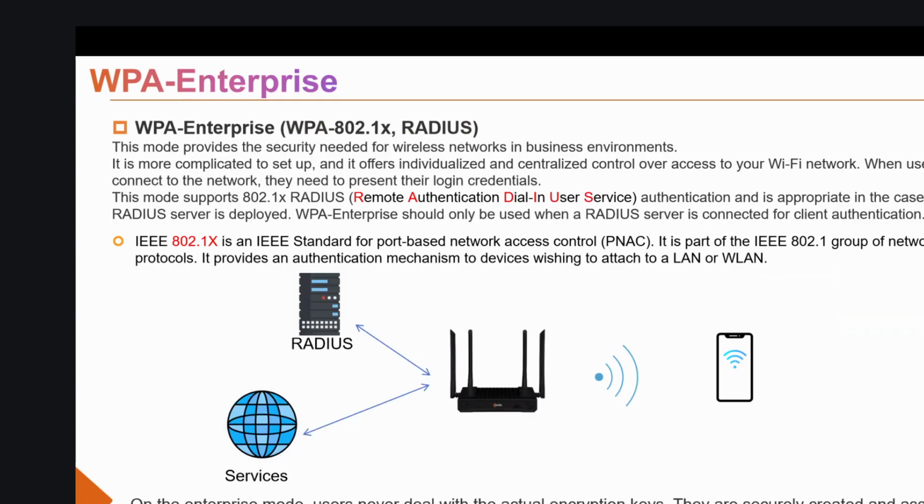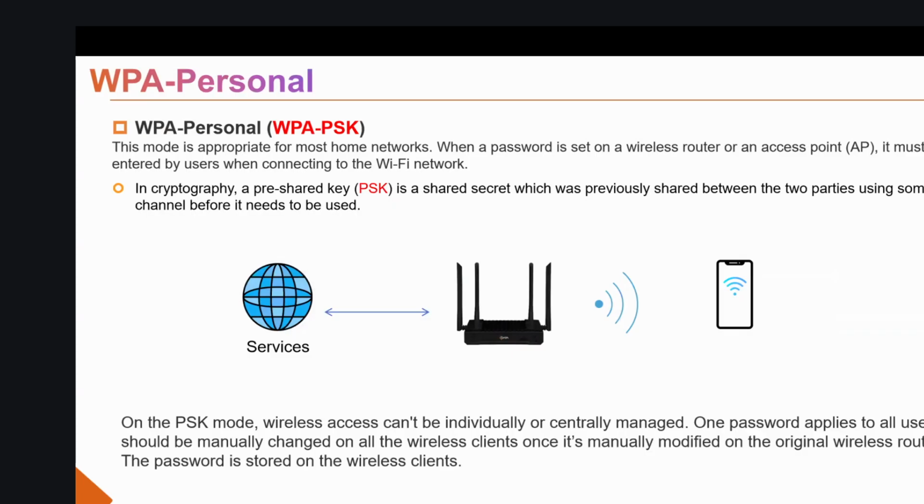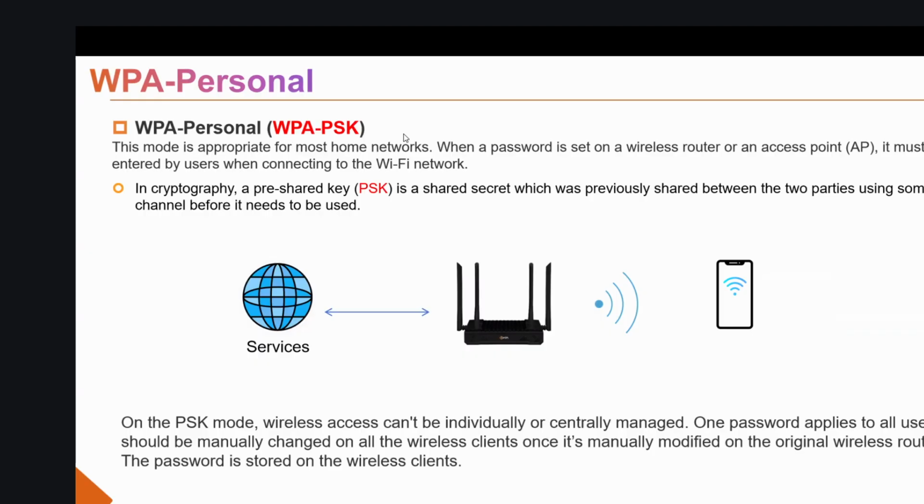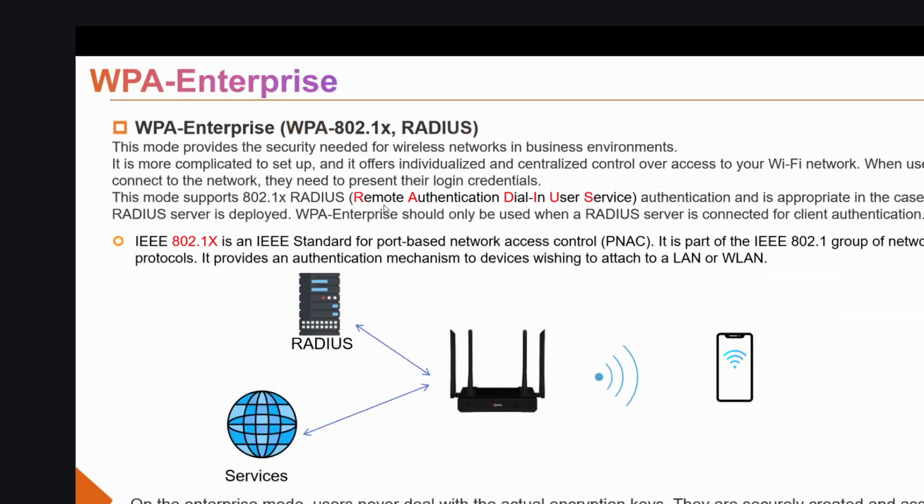In WPA, we have personal and we have enterprise. Maybe sometimes you will face this concept. For personal, for family use, we usually use WPA personal. It doesn't mean it's weaker. It means that we don't need a RADIUS server. Because if we use WPA enterprise, 802.1X, we need a RADIUS server for AAA: authentication, authorization, and accounting.